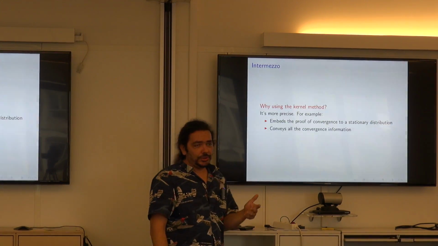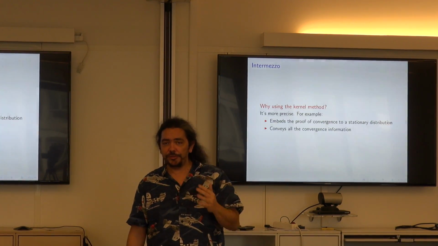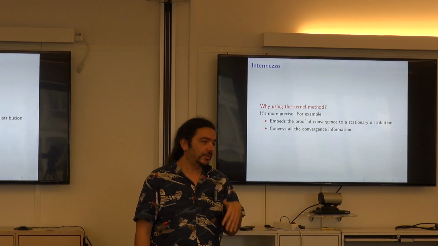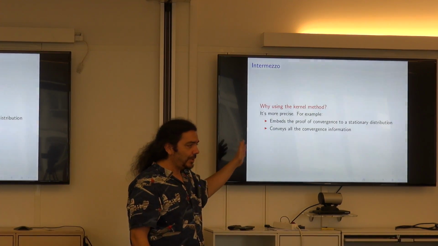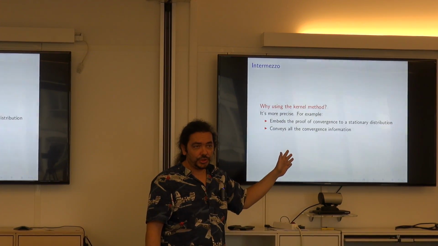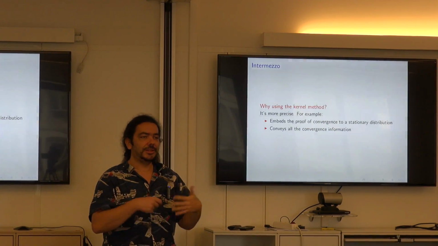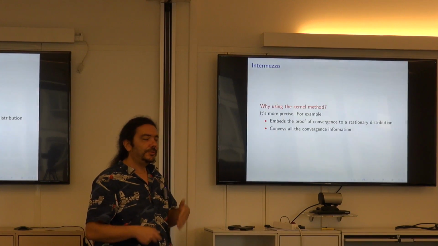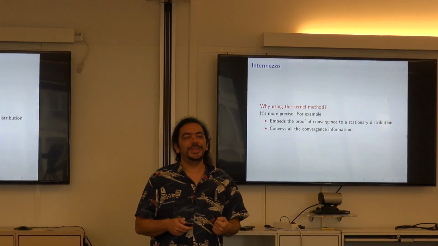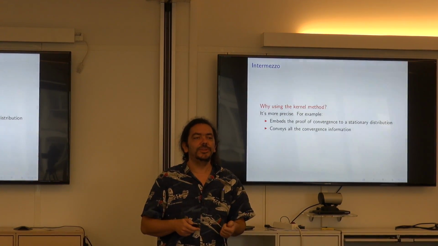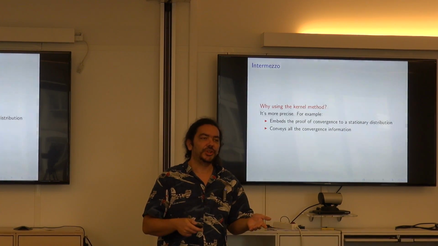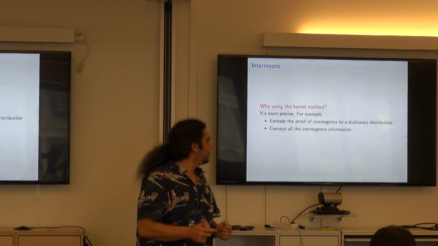And if we want more information about how fast you converge towards the stationary distribution, you can extract this type of information from this approach. This is something that you can't do if you start by assuming the existence of a stationary distribution. So this is where we can be more than just a more complex version of the Pollaczek-Khinchin formula.